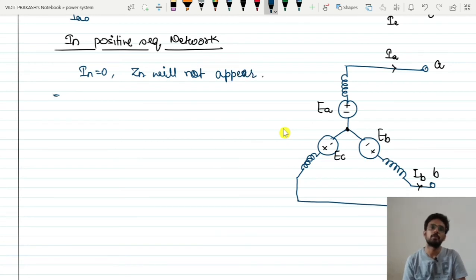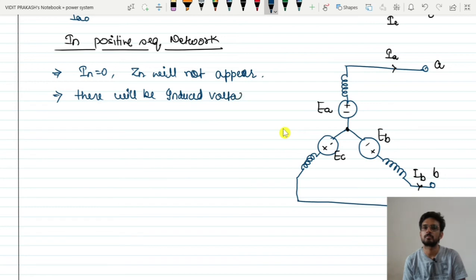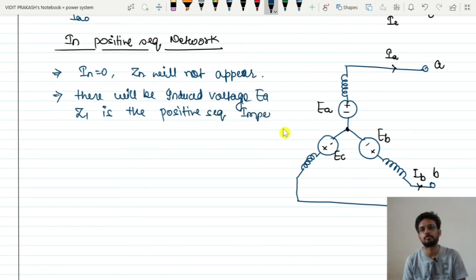Okay, and there will be an induced voltage EA, and Z1 is the positive sequence impedance.